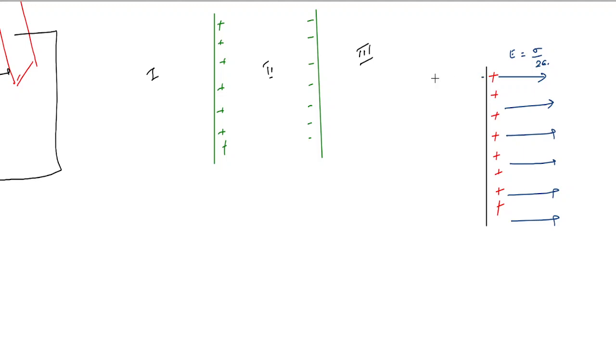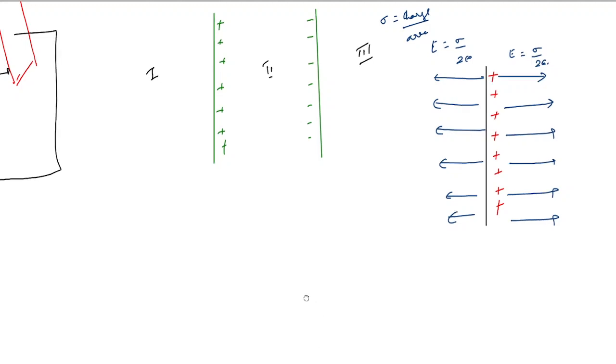Similarly, electric field on this side would be the same in magnitude. So even the field anywhere on this side has the same value, which is again E is equal to sigma by 2 epsilon naught. The sigma would be charge by area. That is what sigma is.